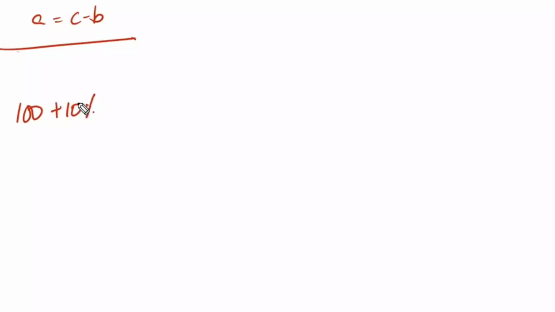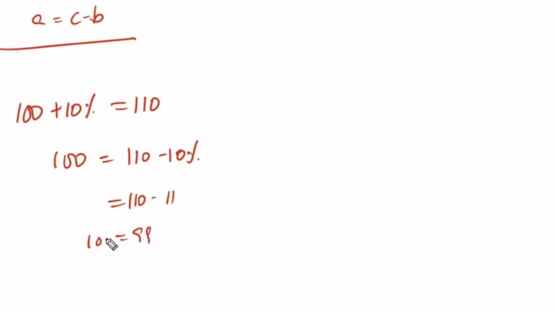A plus 10%, that is 100 plus 10% of 100, which is equal to 110. Right? Now, 100 is equal to 110 minus 10% of 110. That is 110 minus 11, which is 99. Whether 100 is equal to 99? You have told, right, A plus B is equal to C means automatically A is equal to C minus B, right? Now, as per this condition, it should be satisfied.